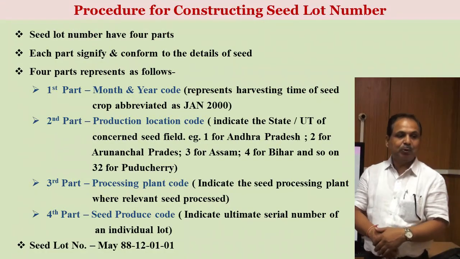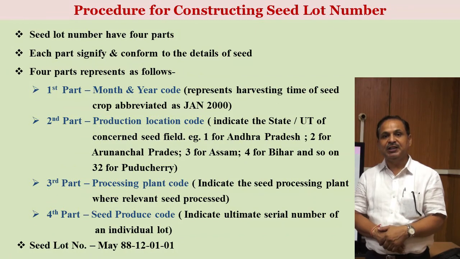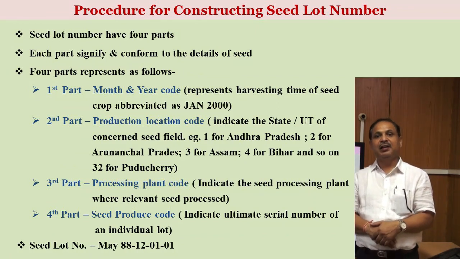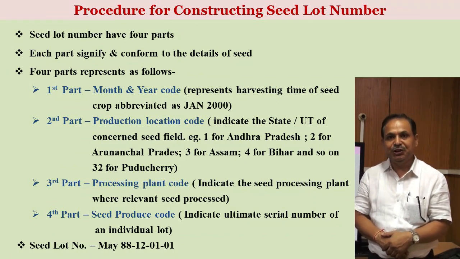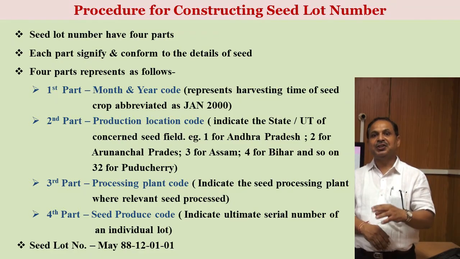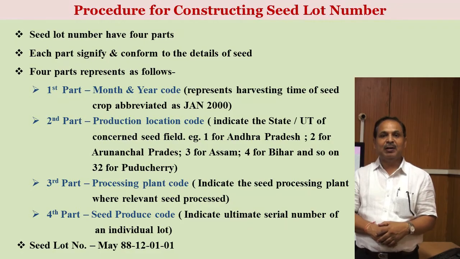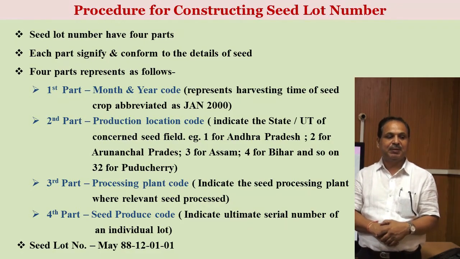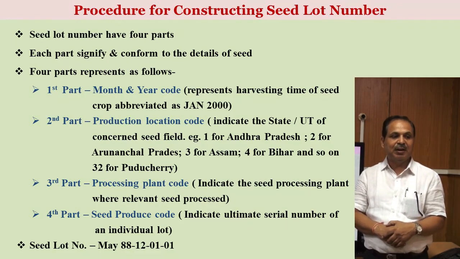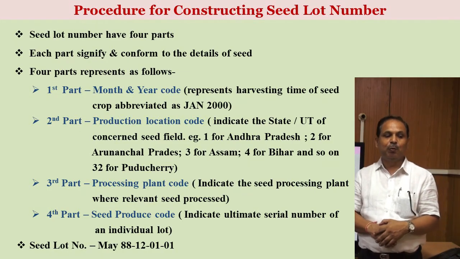In case of gram, it may be packaged in cloth bags or plastic bags with different sizes and different weights. The procedure of constructing a seed lot number is very important, because unless we have the seed lot number, we cannot trace back the particular seeds. So designation of the lot number is very important. A seed lot number generally has 4 parts.